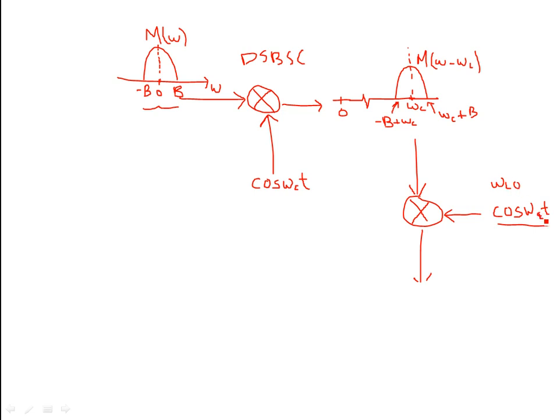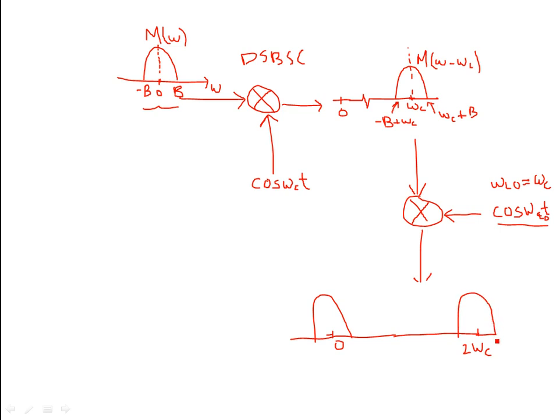If this omega LO is perfectly matching omega C, you might need a phase lock loop for that, because if this is exactly the same as the carrier frequency, then you bring the message signal down from omega C back to DC, and you have another replica at 2 omega C. So there is a sum and difference of frequencies: omega C minus omega C is 0, and omega C plus omega C is 2 omega C.